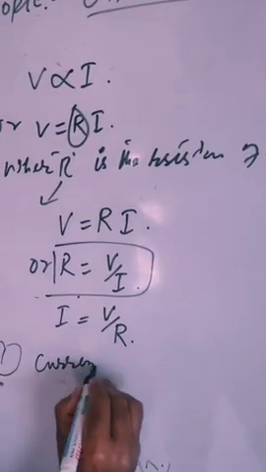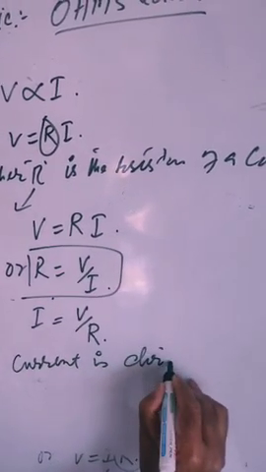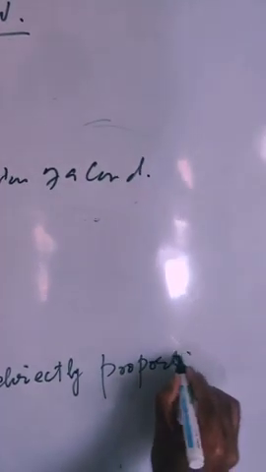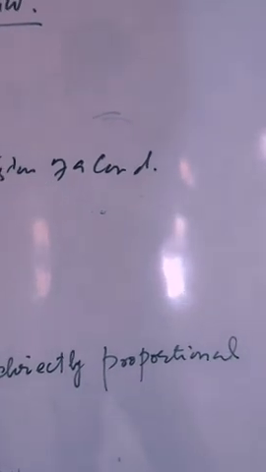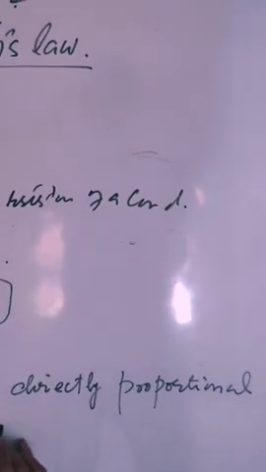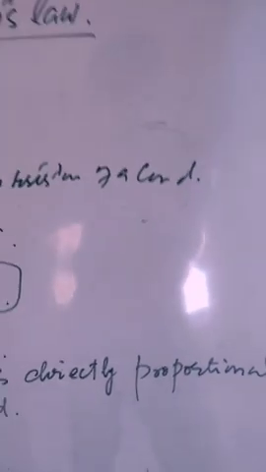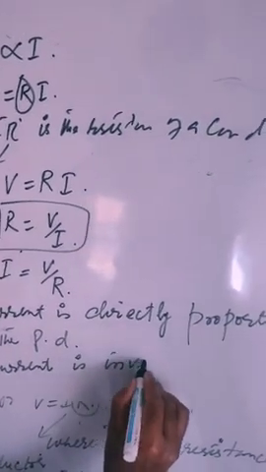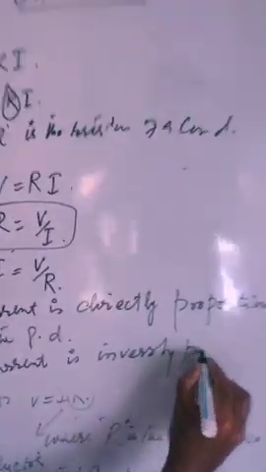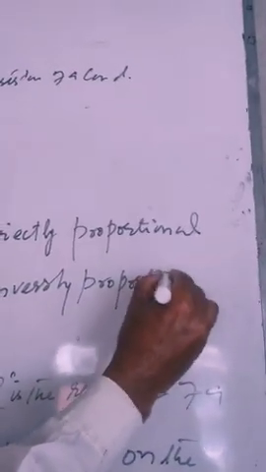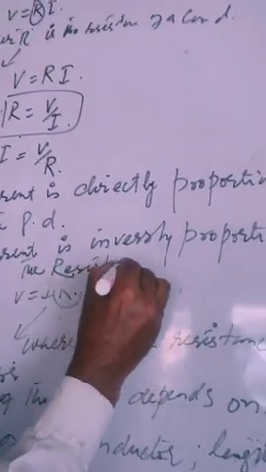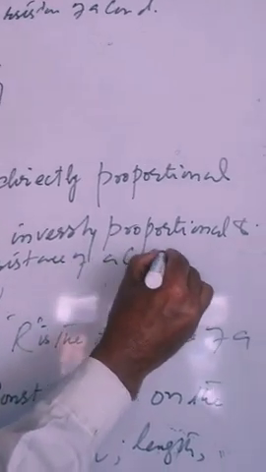Second, the current is inversely proportional to the resistance of a conductor.